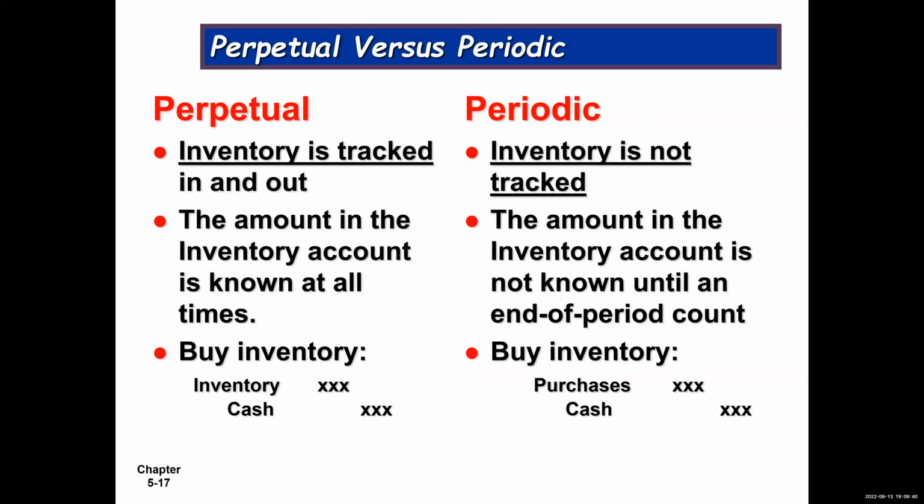Now, why is that? Well, you know, today we have scanners, so we can track inventory coming in and going out very easily, right? So let's say that we have a supermarket. So we buy our inventory. Well, we bought it. We know what we bought. We can put it in so we can keep track of it coming in.